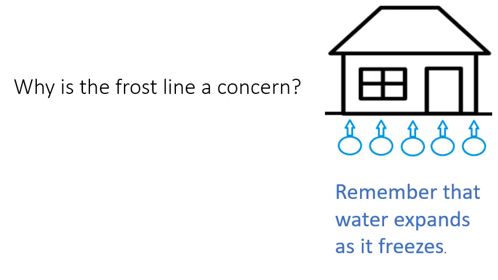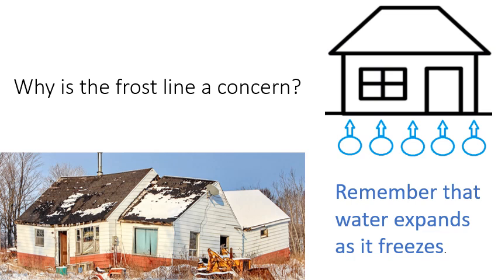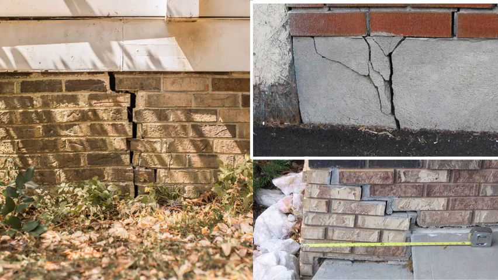Your house is not very flexible. You don't want your house moving around because you'll wind up with something like this. This was an abandoned house where nobody was living in it. And you could see the freezing and thawing of the ground, how it was bending and subsequently breaking the house. If you were living in that house, that's obviously not something you want to have happen.